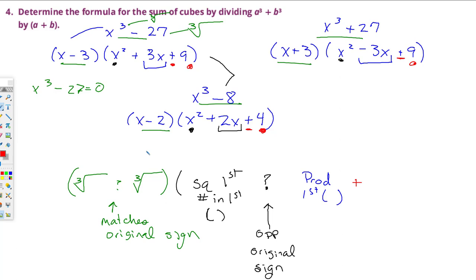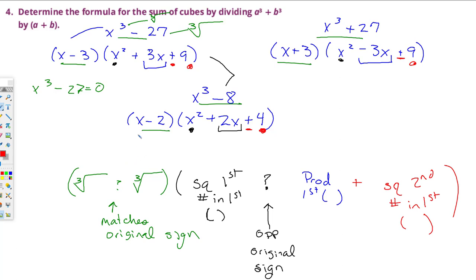Or square the first, the second number in the first parenthesis. So 2 squared is 4. 3 squared is 9.